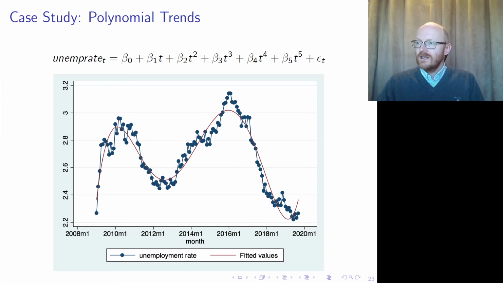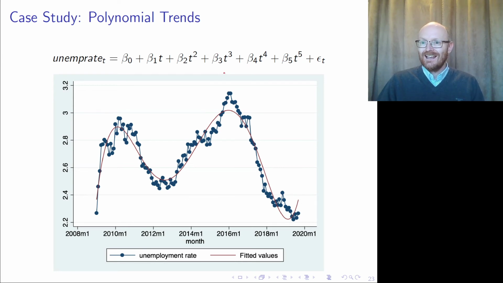So how can we use this? Well, if you look here, the unemployment rate is explained by this population regression with a 5-degree polynomial.